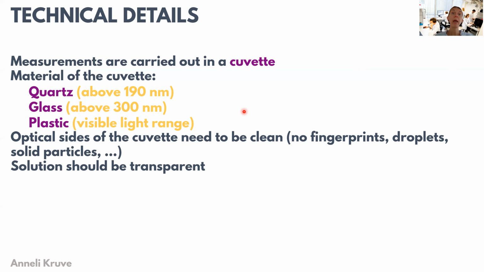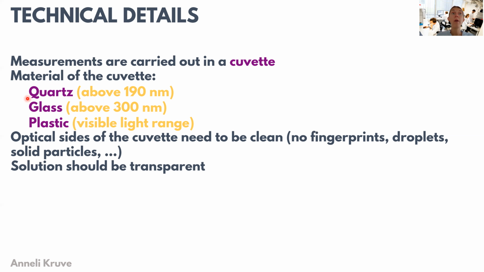Depending on the wavelength range where we are doing the measurements, the material of the cuvette also changes. If we are doing measurements in the ultraviolet region, then we definitely need a quartz cuvette, because quartz is transparent also in the ultraviolet range.